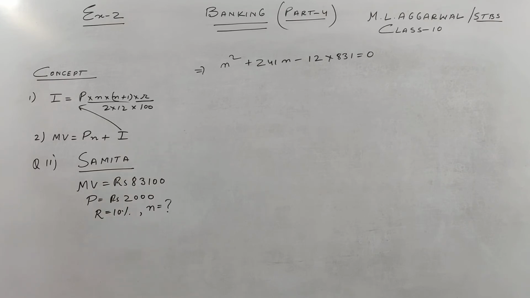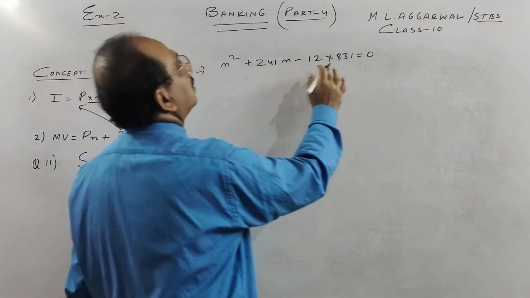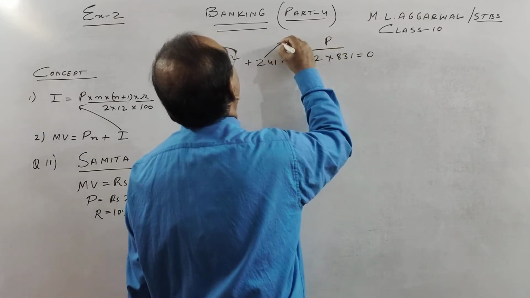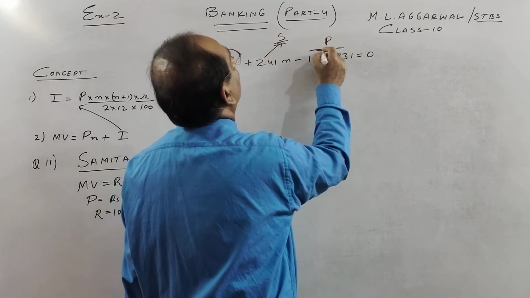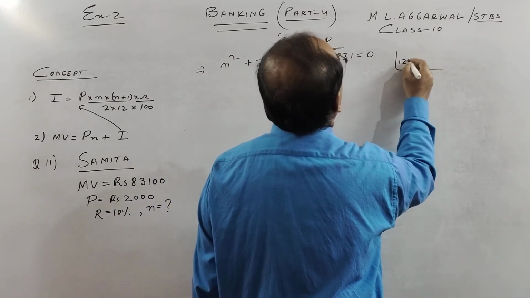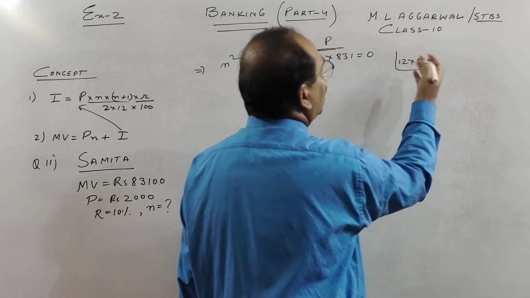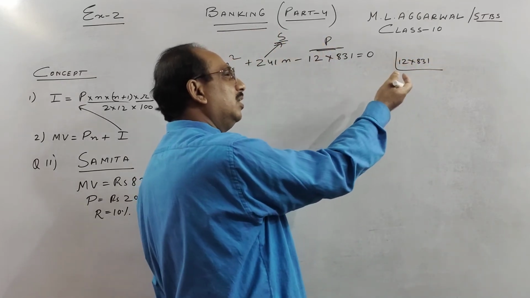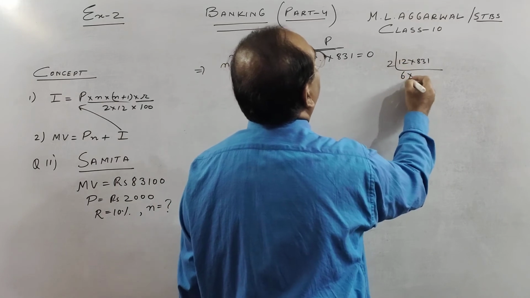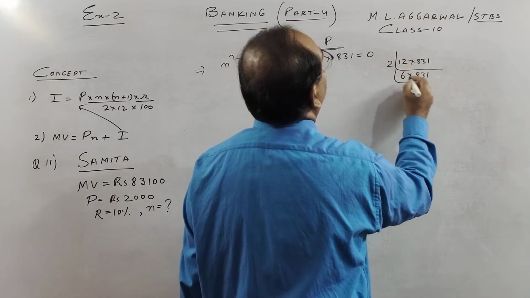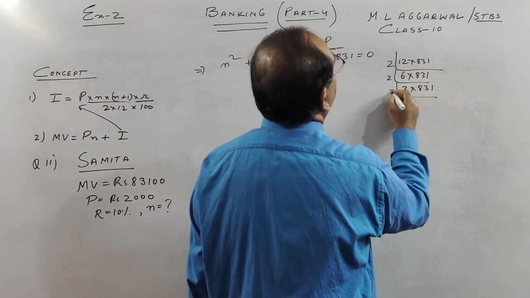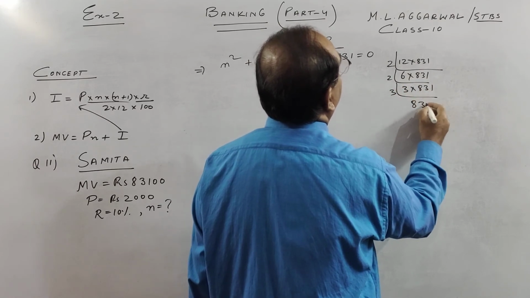So finally we have to factorize this. See, children, this is the product of two numbers and this is the sum of two numbers. So the product of two numbers, we factorize, children: 12 into 831. Don't multiply and make it big, because once again you will have to find factors, then you have to divide. So take 2 into 831, take 2, 3 into 831, you take 3 out of 831.